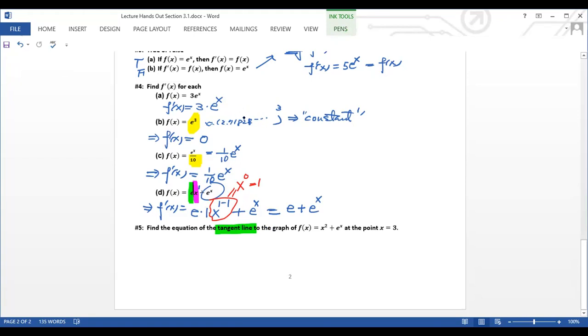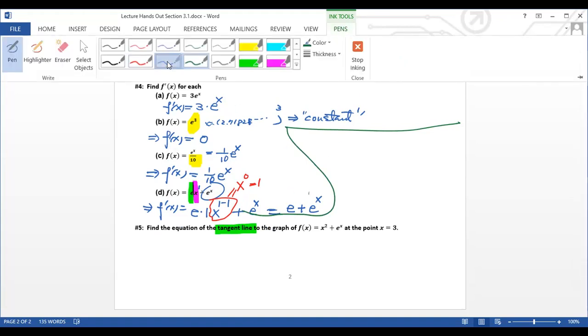We keep mentioning that. It's the derivative, so we need to find the derivative here. Let me put it here, giving me a little more space.